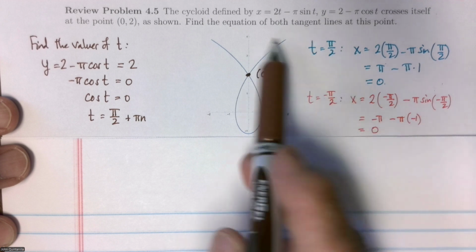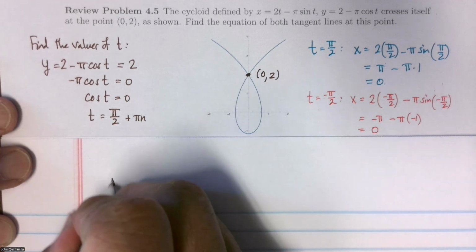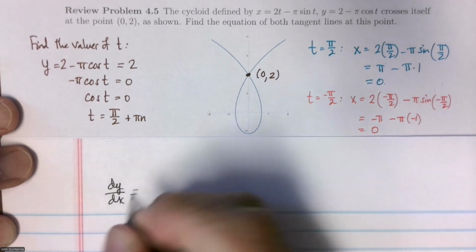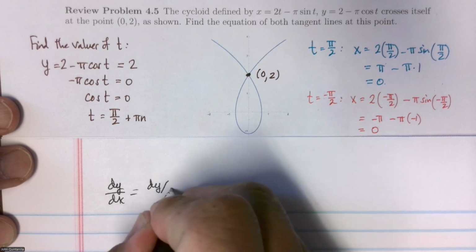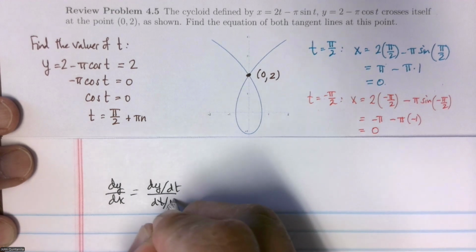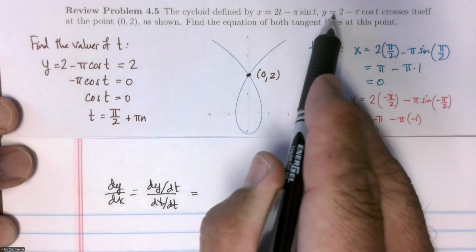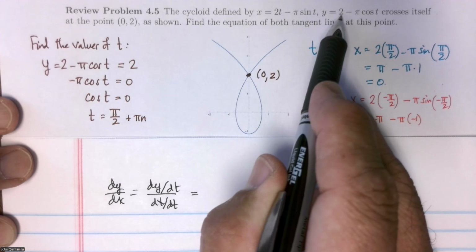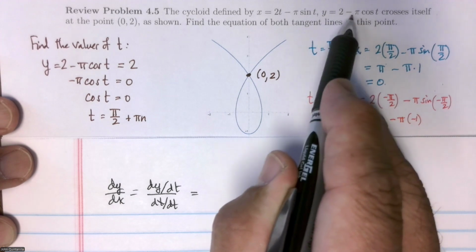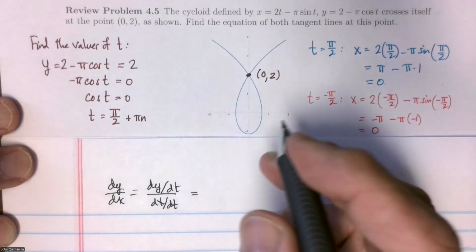The second part of the problem is now to find the tangent lines at this point. And so my slope of the tangent line is going to be dy/dx, which is equal to dy/dt over dx/dt. Okay, dy/dt: if I take the derivative of this, the derivative of 2 is 0, negative pi is a constant, and the derivative of negative cosine is plus sine.